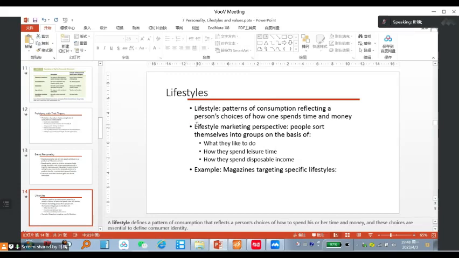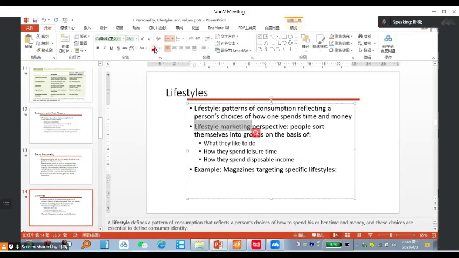From the perspective of lifestyle marketing, people sort themselves into groups on the basis of what they like to do, how they spend leisure time, and how they spend disposable income.